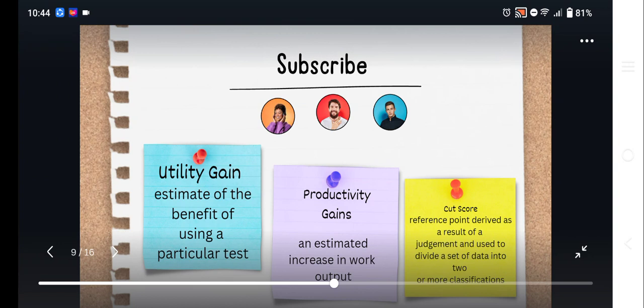A distinction can also be made between the terms multiple cut scores and multiple hurdles. Okay? Multiple cut scores means the use of two or more cut scores with reference to one predictor for the purpose of categorizing test takers.